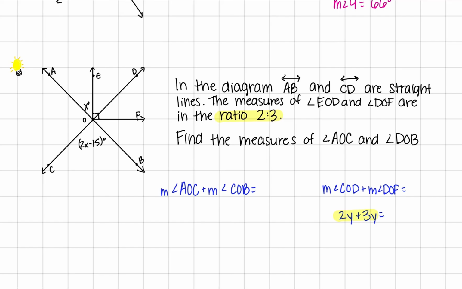Okay. So I set it up for you. What do you know about AOC and COB? Well, they're on a straight line, so they're going to equal 180 degrees. What do you know about the measure of EOD and DOF?